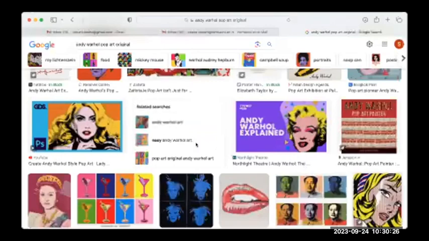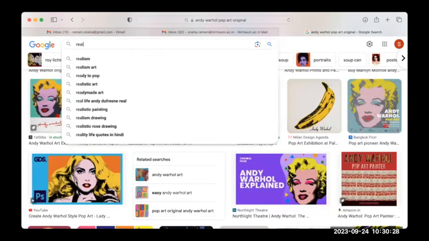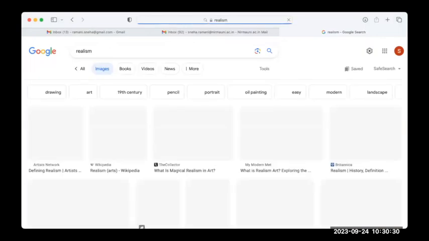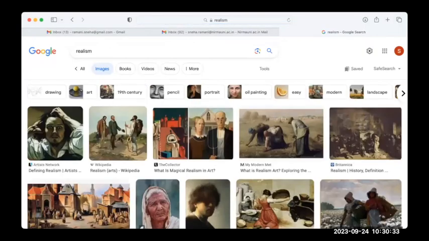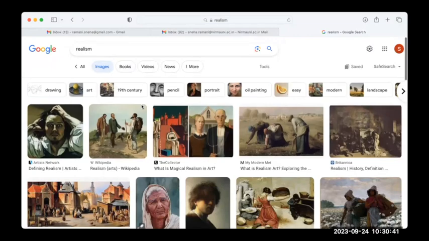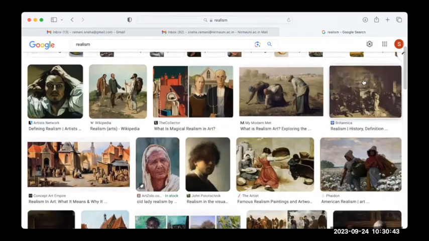Pointillism, realism. Realism is literally drawing what you see. Realism is an art form where you literally draw what you actually see. So that was very evident here. It's an accurate depiction of whatever life form you see around.